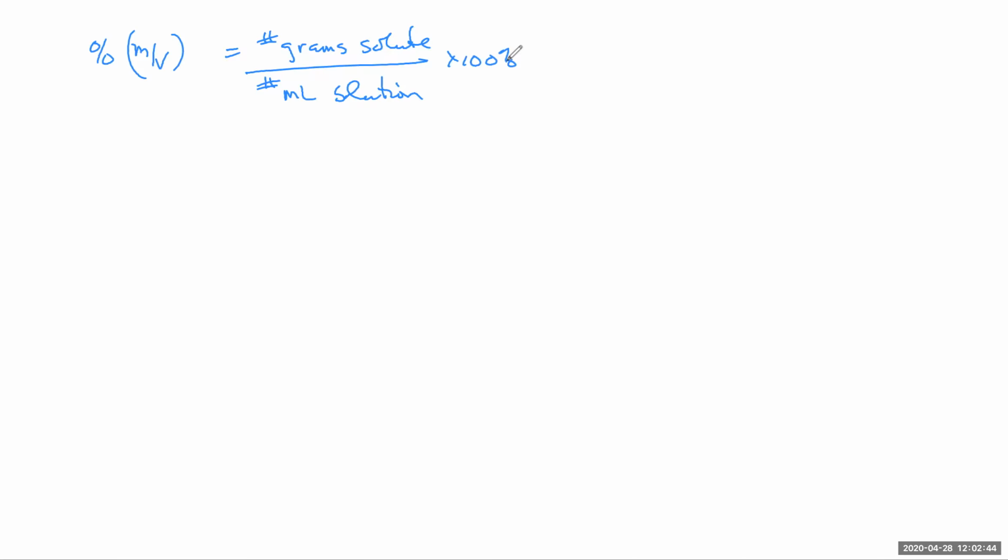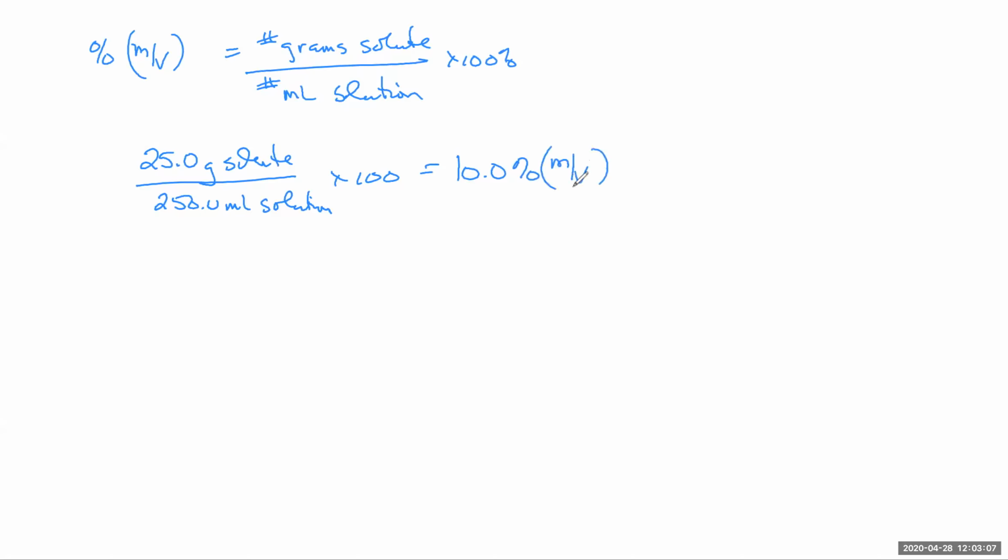So what's given to me is 25.0 grams of solute, and what's given to me is 250 milliliters of solution. And so if I calculate that out times 100, I believe you get, 3 sig figs, 10%. This would be mass to volume.